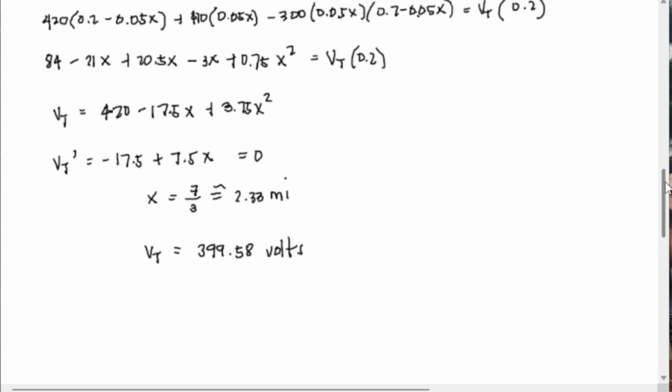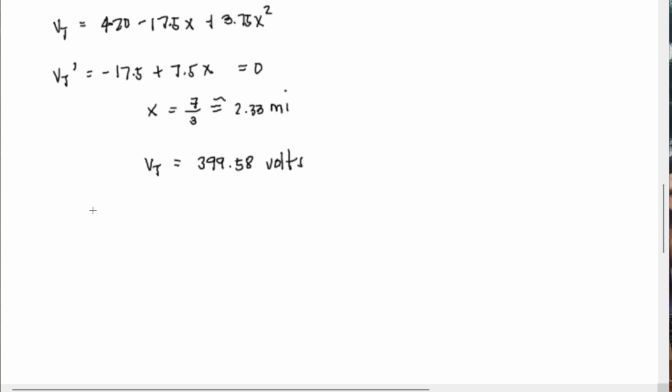Then, next thing to do is yung I1 na. Yung I1 kanina is equal to 420 minus yung VT na 399.58, over 0.05 of x na 2.33.